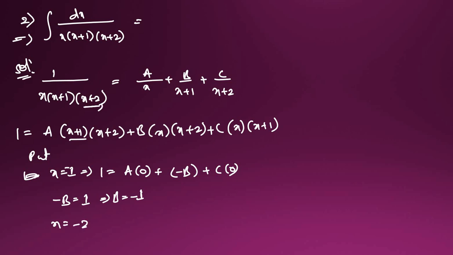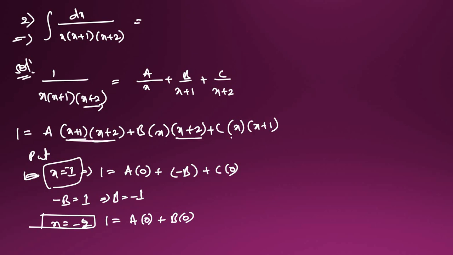So 1 is equal to a into 0 plus b into 0, plus c into minus 2 into minus 1, which is plus 2. So 2c will come, and c is equal to 1 by 2.